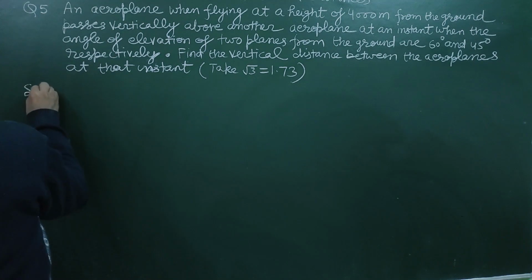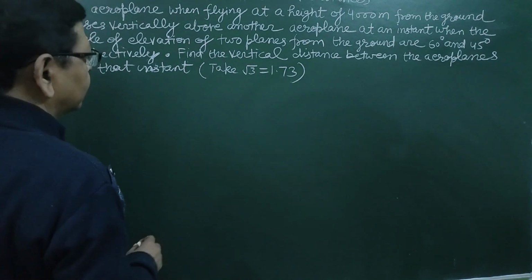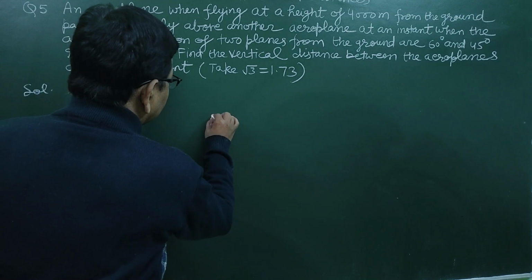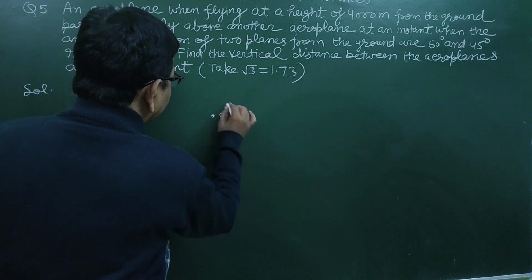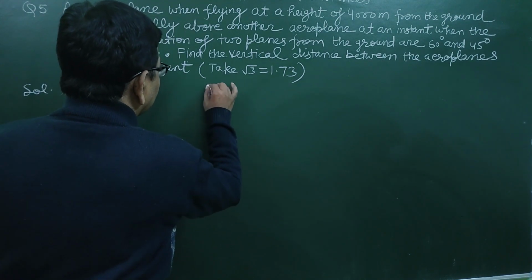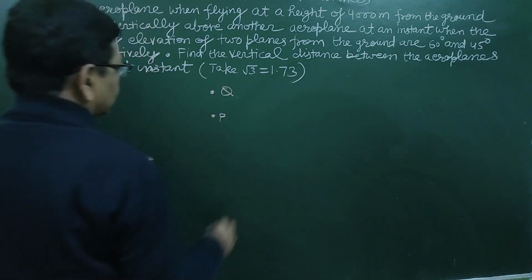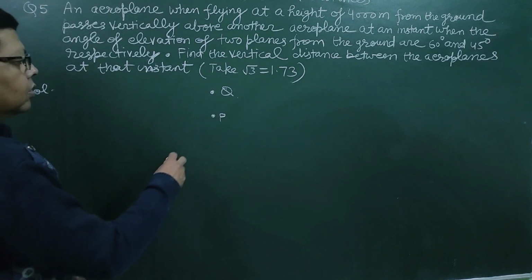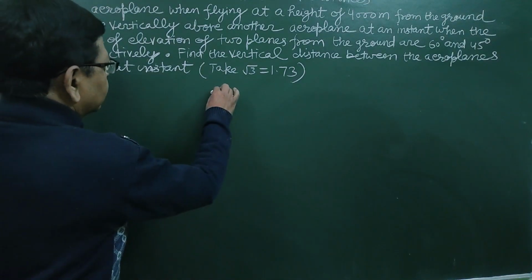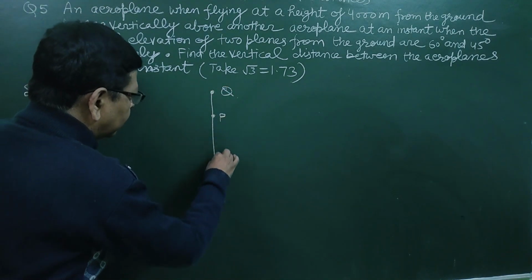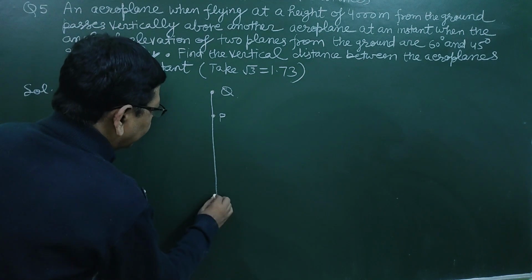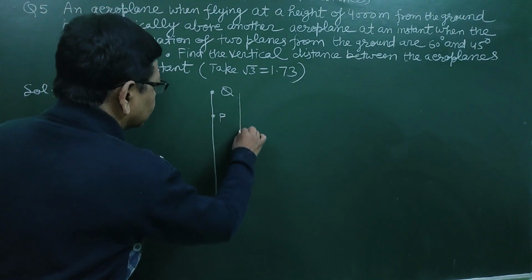So first let us locate the two planes. Let the two planes be at P and Q. One is vertically above the other. Now from the ground, the height of the plane at Q is 4000 meter.